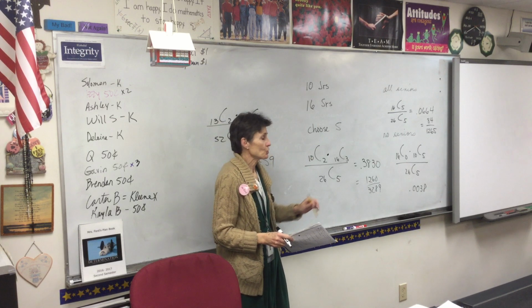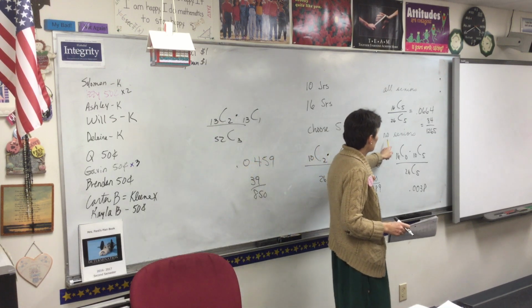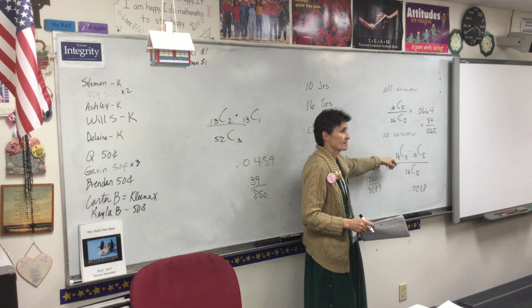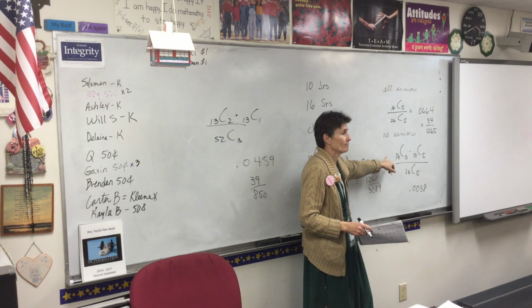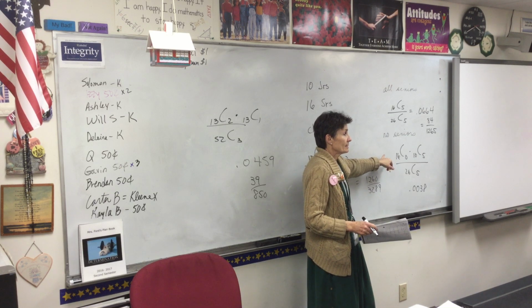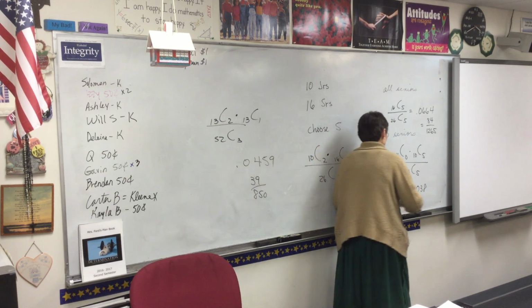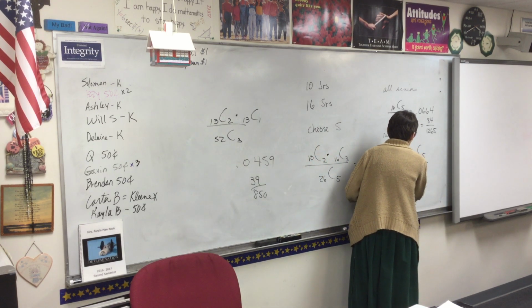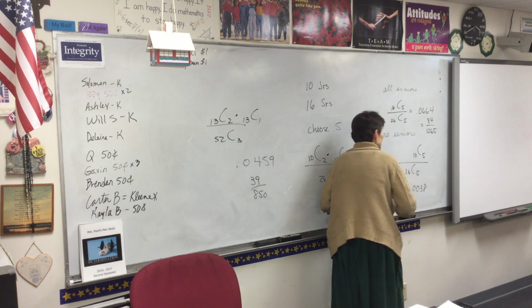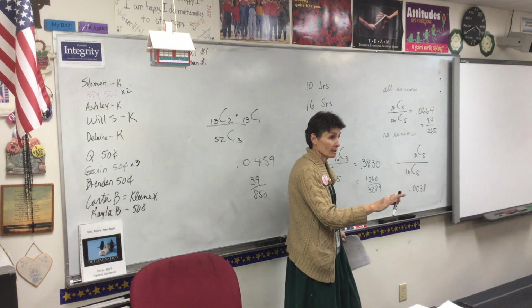Now, Muna set up the no senior problem like this. This is how she set the problem up. Did everybody set it up this way? No. Did some of you leave this part off? Because anytime we're picking zero, it isn't wrong.